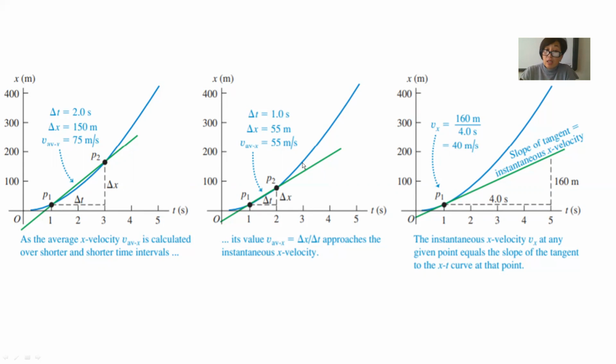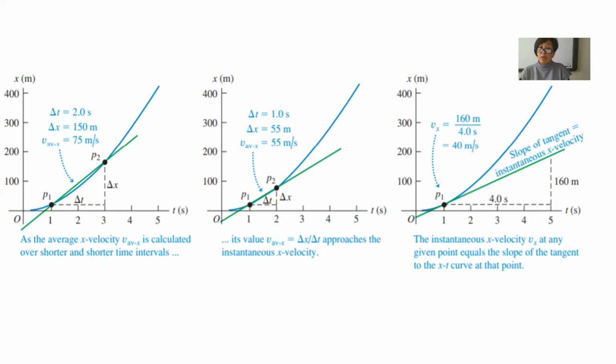This is the diagram of x versus time. In this region, delta t equals 1 second, and delta x is 55 meters. Calculating the average velocity, 55 meters divided by second.